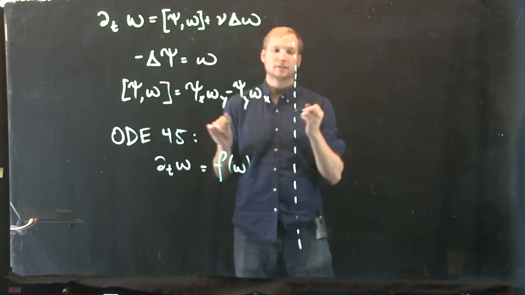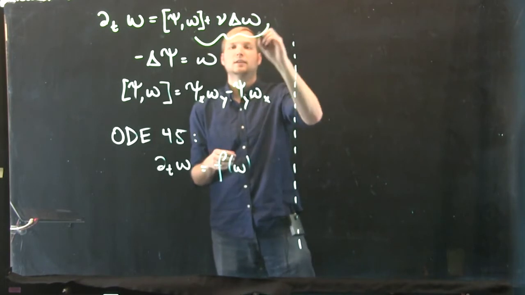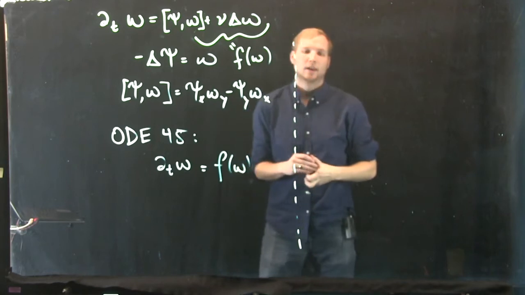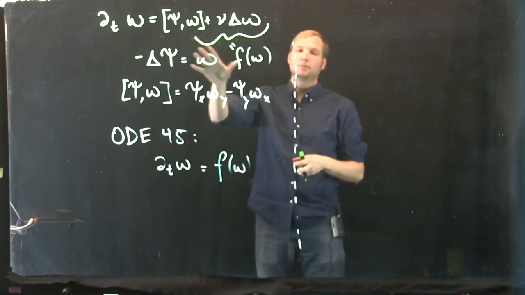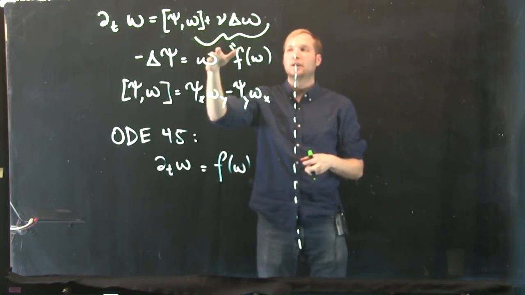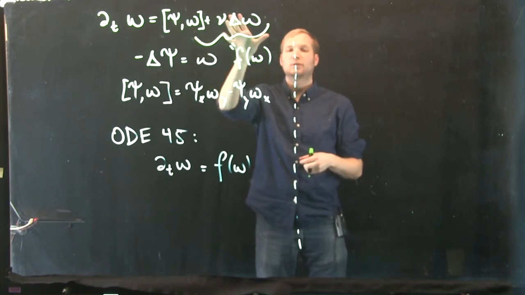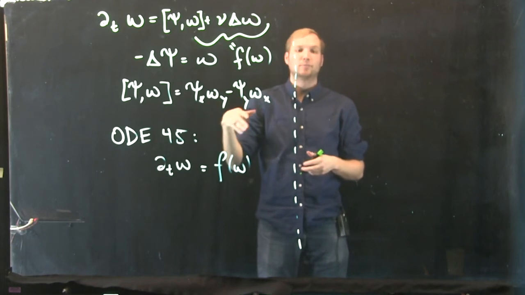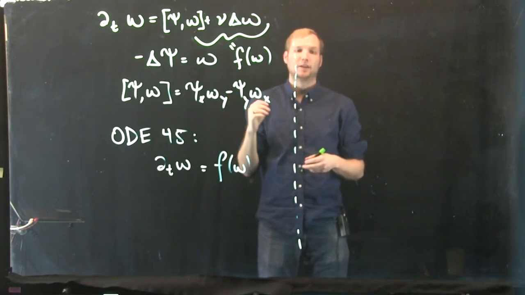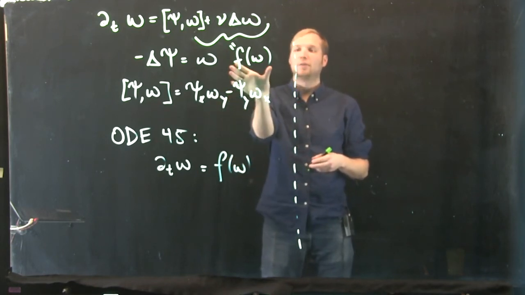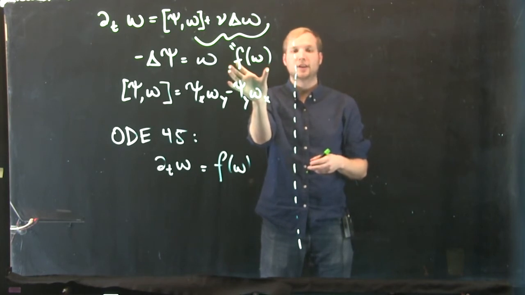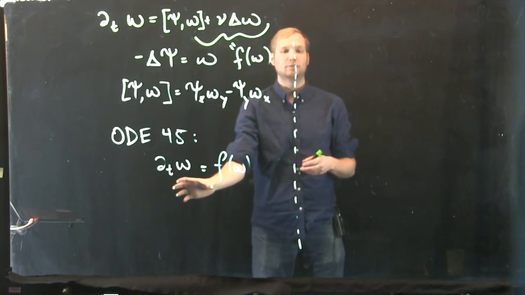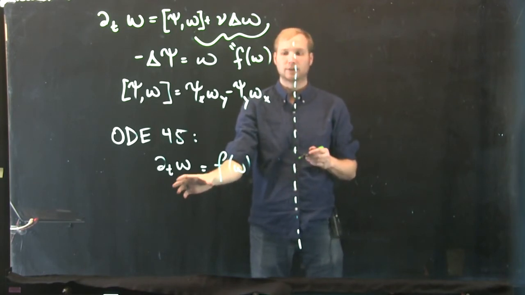And here we're kind of interpreting things continuously, but this right-hand side will eventually be represented by the values of omega and psi on the grid and approximations of their derivatives on the grid. Okay, so we need to talk about how we can set up this function f of omega so that we can use ODE45 in order to solve the equation.